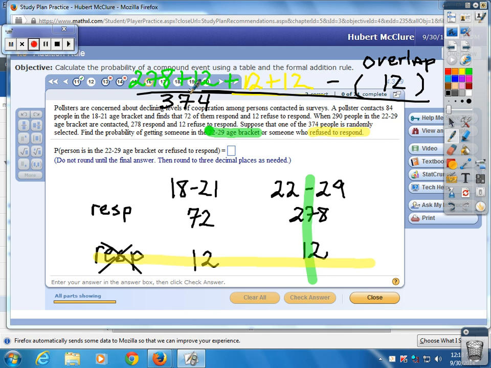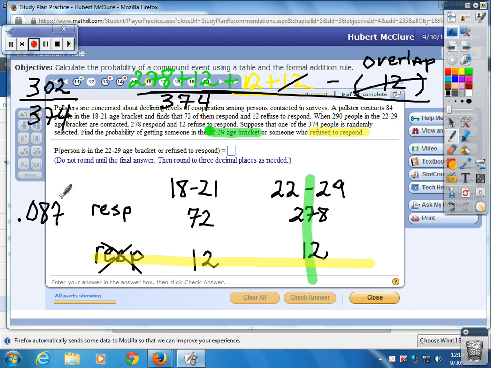And of course, that will cancel with one of those, and you're left with 278, 290, 302. So we've got 302 over 374.